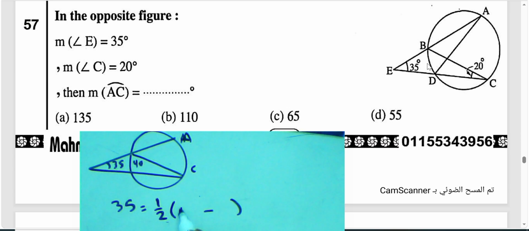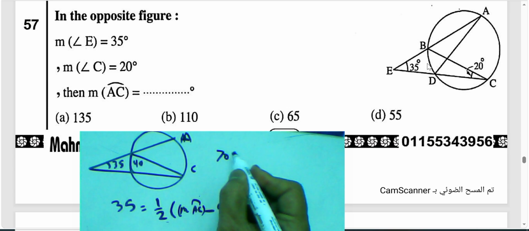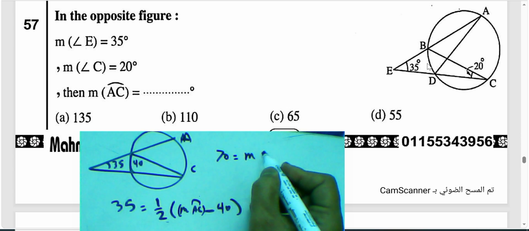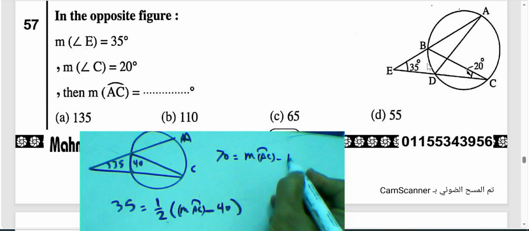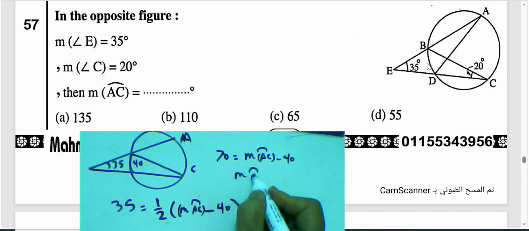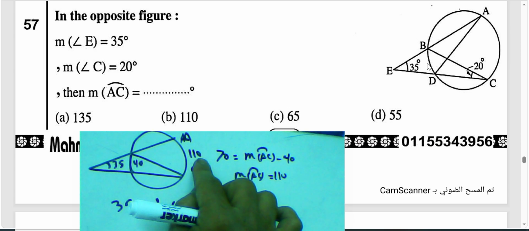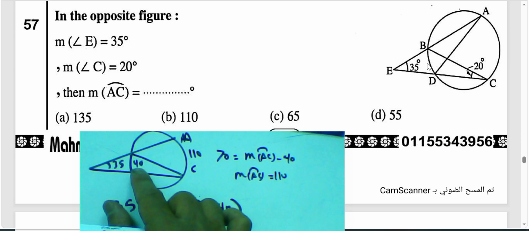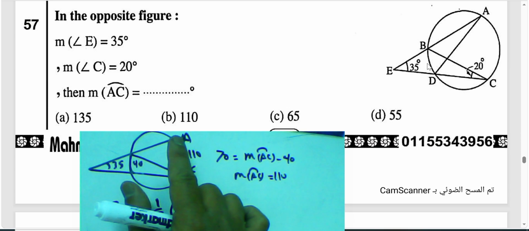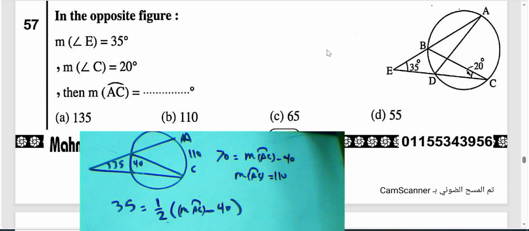Then we find the measure of arc AC subtract the measure of the arc here, 40. We can cancel the half by multiplying: 2 times 35 is 70, then 70 equals the measure of arc AC subtract 40 degrees, and the measure of arc AC will be 110. This 110 subtract 40 is 70. 70 divided by 2 equals 35. Then the measure of arc AC is 110.